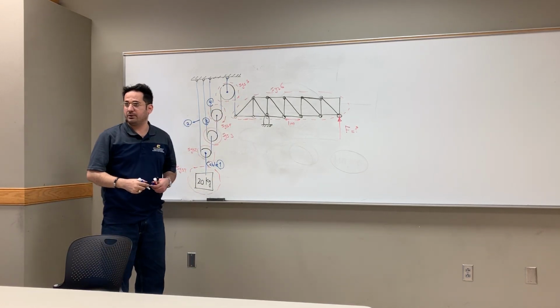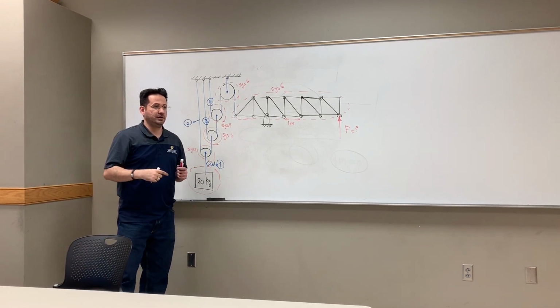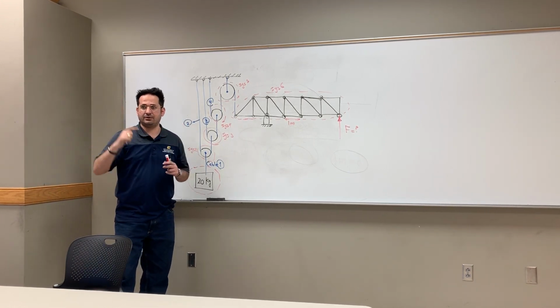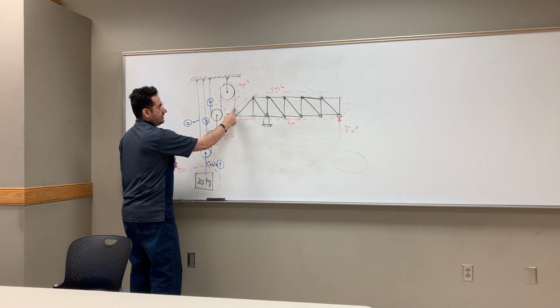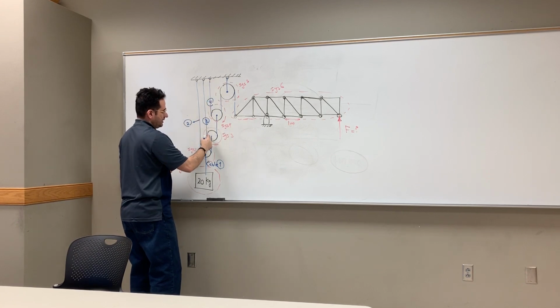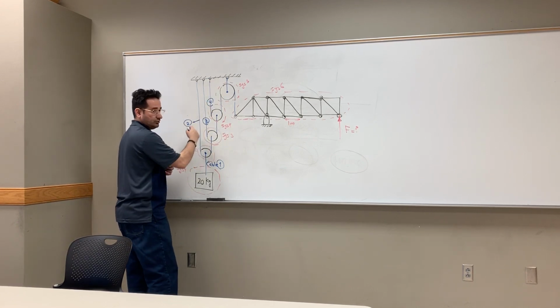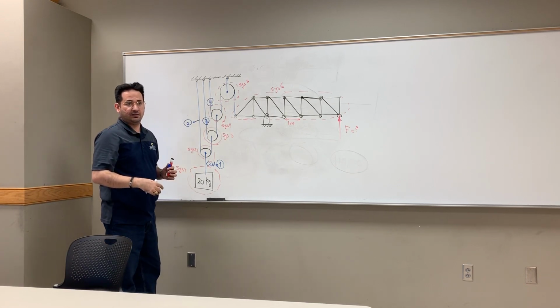And we previously proved that if you have a frictionless massless pulley and a cable is going around them, as long as the cable is the same, the force is the same. We proved this. So the force is the same everywhere in cable 4, and the same in cable 3, and the same in cable 2. But it may be different between cables.